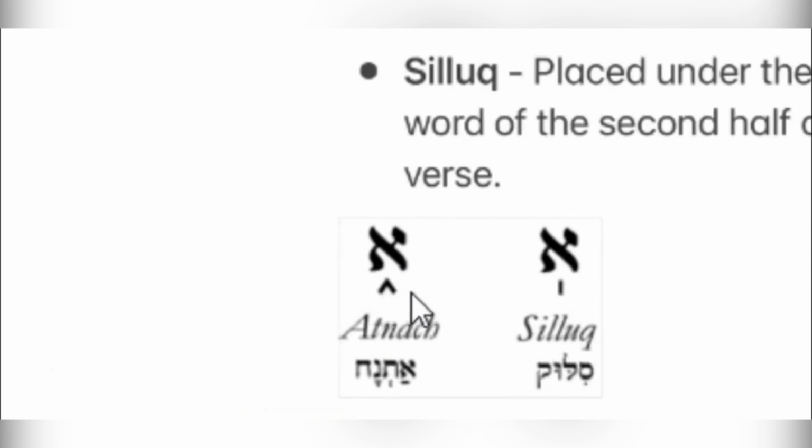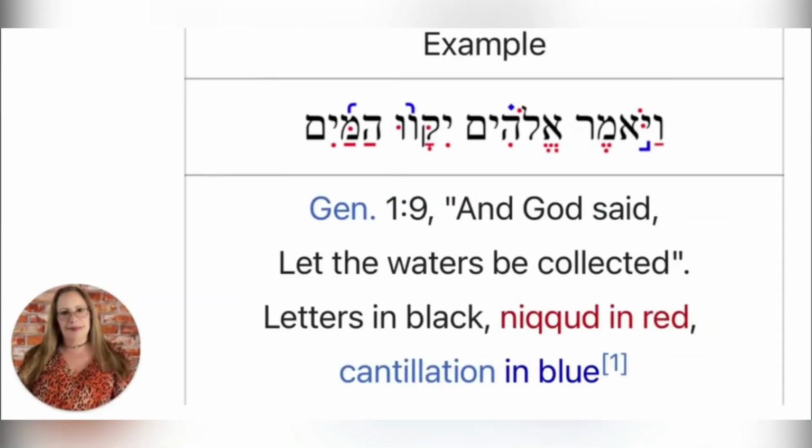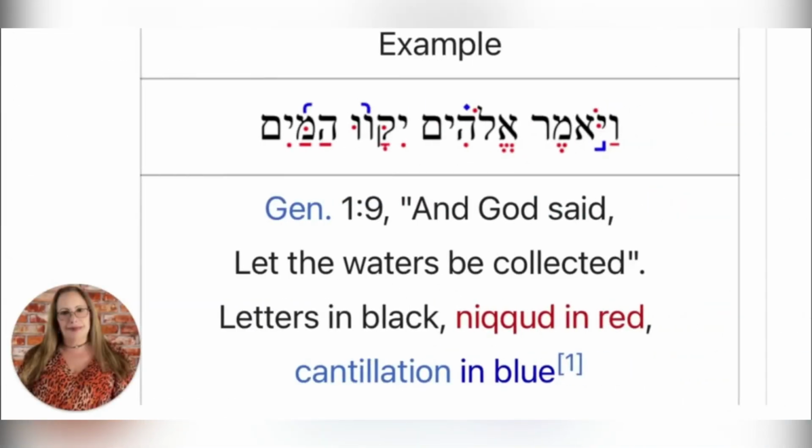There it is right there. And it's called the Nach. It indicates the halfway point in a verse. It's placed under the last word of the first half of a verse.